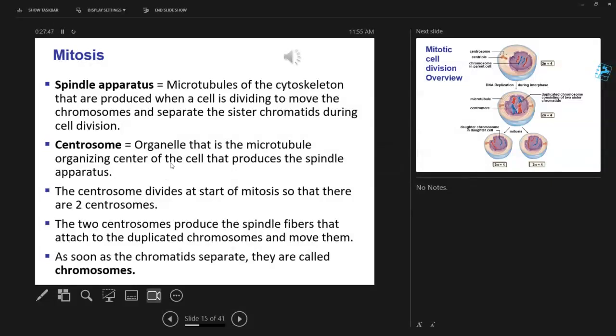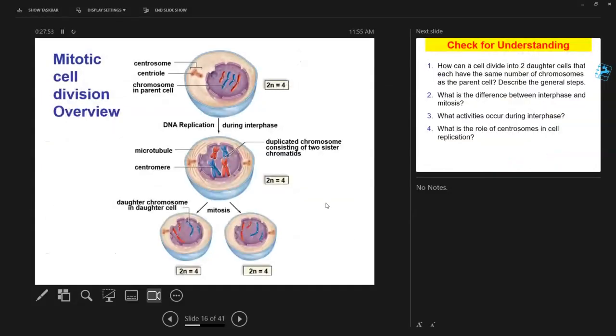That's the only time that these centrosomes function. The rest of the time, they don't do anything. So here's a summary of mitotic cell division. It's showing only two pairs of chromosomes to make it simple. If this was a human cell, there would be 23 pairs of chromosomes. And it's showing each pair, a blue one and a red one.